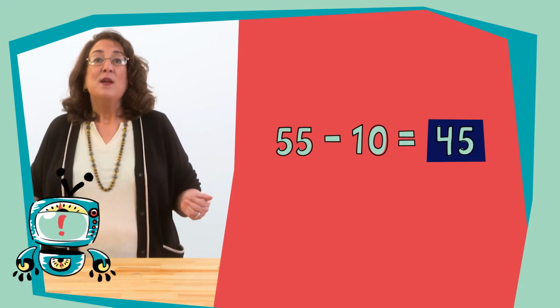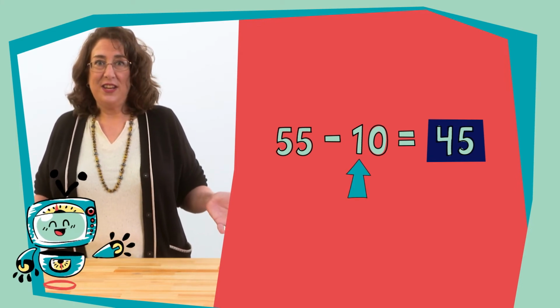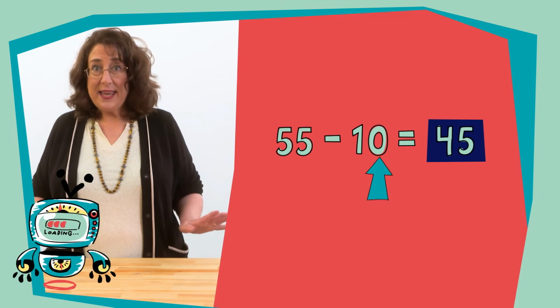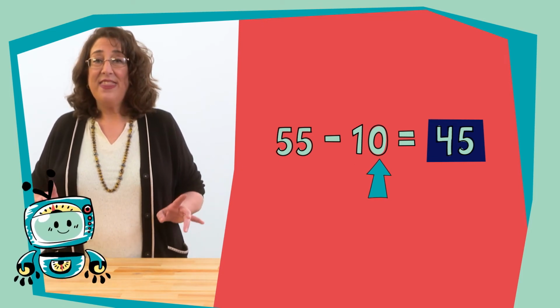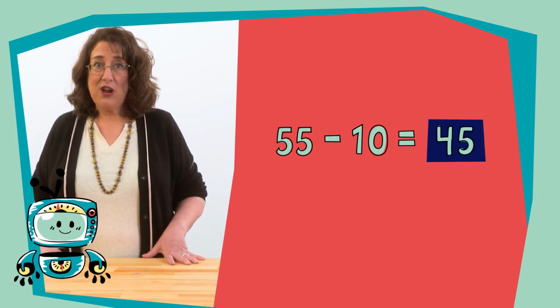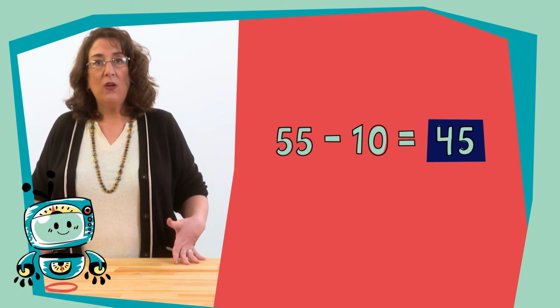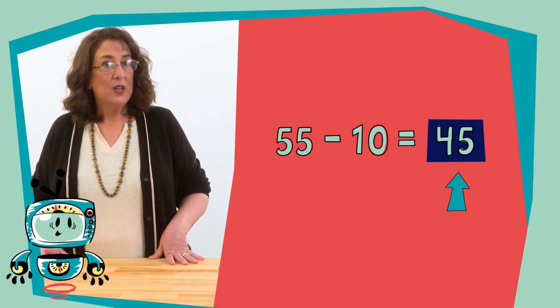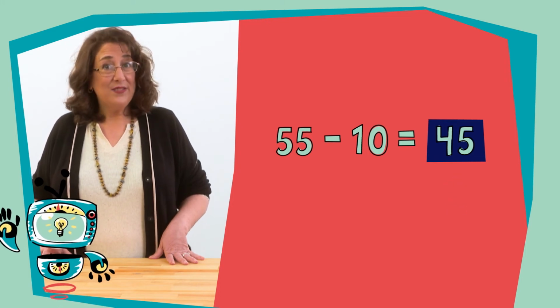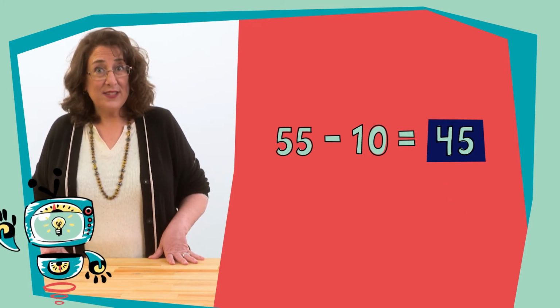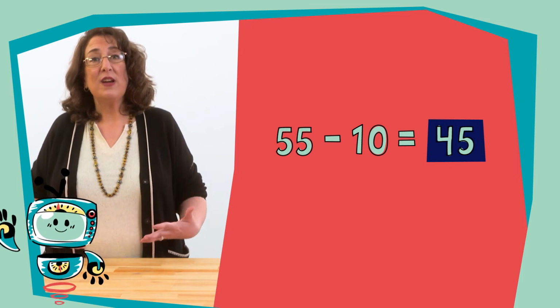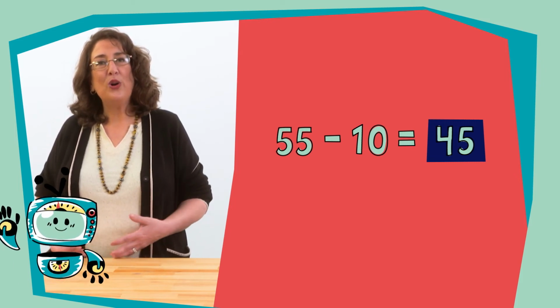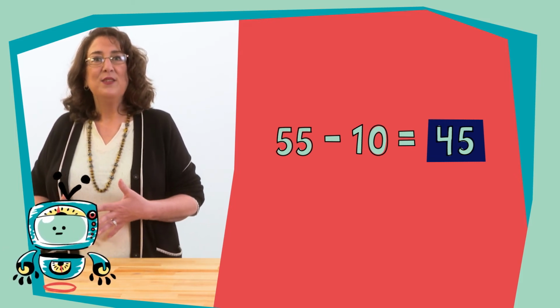You're right. Because only the tens digit has changed. We didn't take away any ones. That is efficient subtraction. Now, what do we have to do with 45? We know that 45 is not our final answer because we have to address the fact that we took away 1 too many earlier. What should we do?